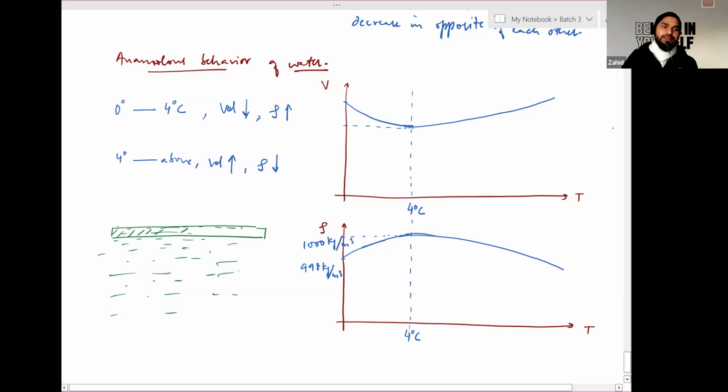And this behavior enables aquatic life to survive.